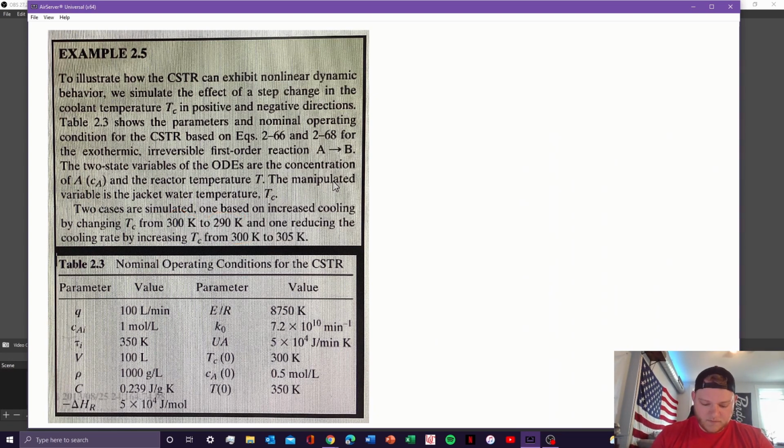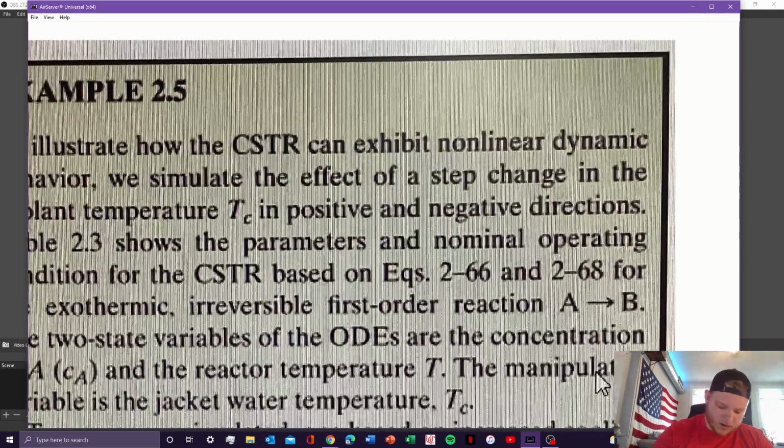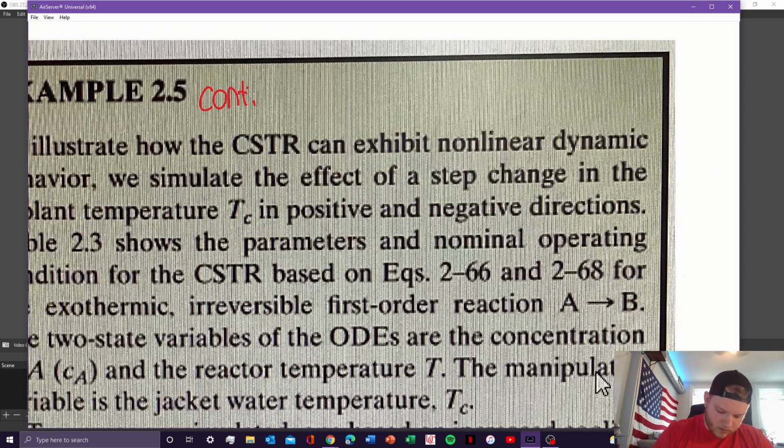Okay, so first off, you might be asking, what is a CSTR? A CSTR is a continuously stirred tank reactor.